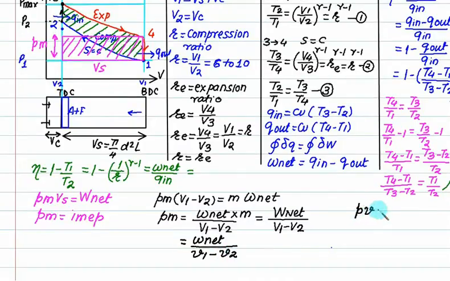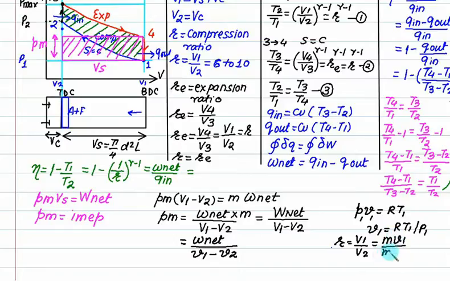Using the characteristic gas equation PV equals RT, P1 V1 equals R T1, so we can find V1 very quickly using R T1 by P1. And we know the compression ratio is defined as V1 by V2, which is the same as mass multiplied by V1 upon mass multiplied by V2.